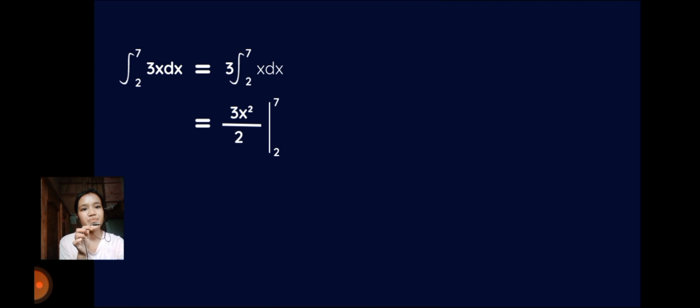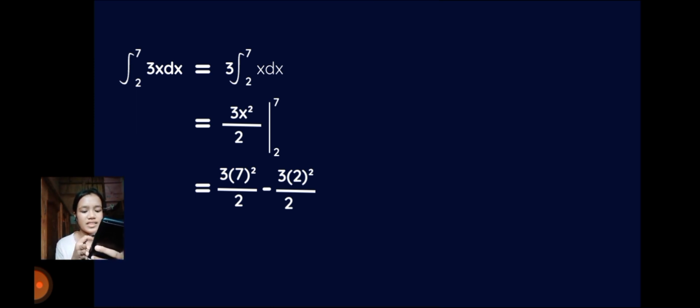So 3 times 7 squared over 2 minus 3 times 2 squared over 2.